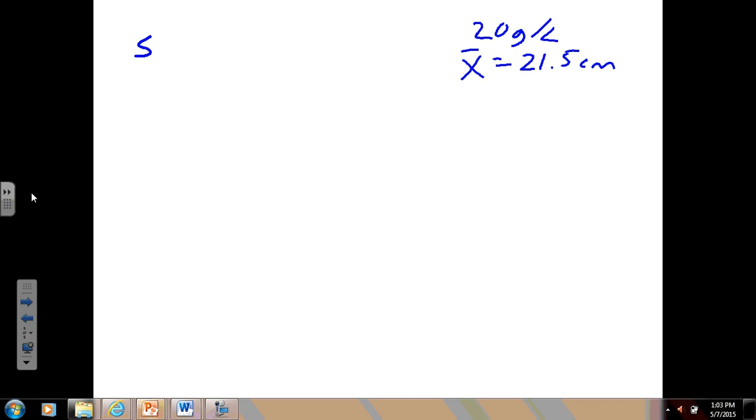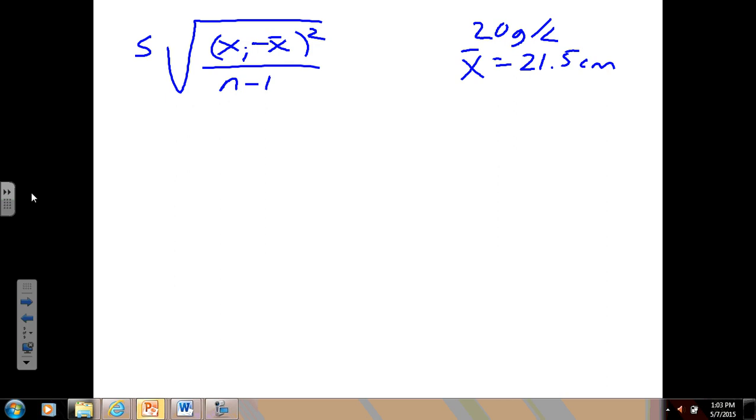Remember that the equation for standard deviation is the square root of the sum of (xi minus x bar) squared, all over n minus 1. Remember, what's xi stand for? What is xi? It's each data point, right? Each individual reading minus the mean squared all over sample size minus 1. So that's our standard deviation equation.